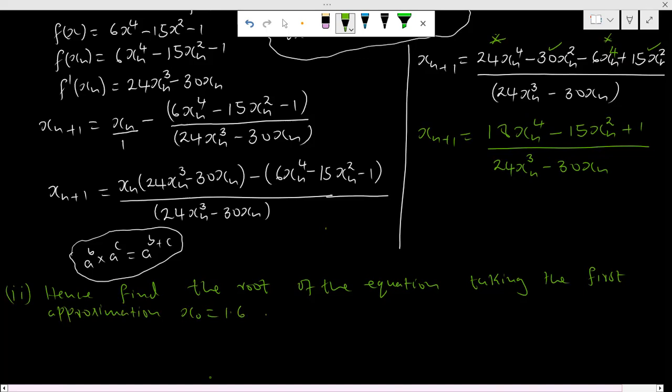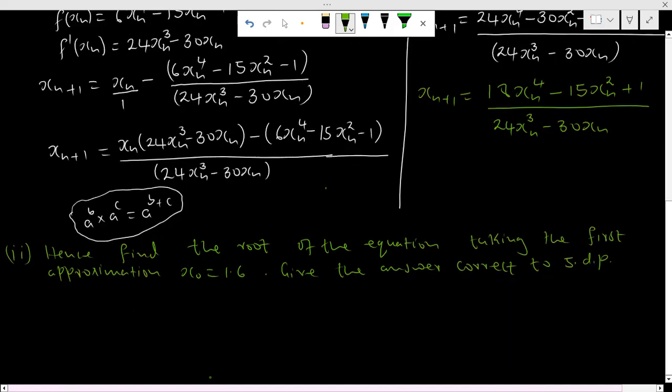Give the answer correct to 5 decimal places.